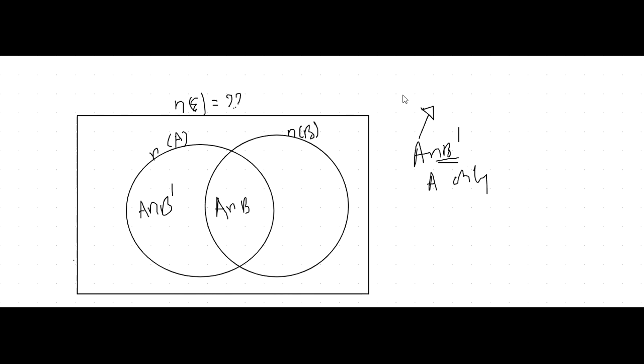It means that we only have members of A and not members of B. The B complement means that members of set B are not part of it.